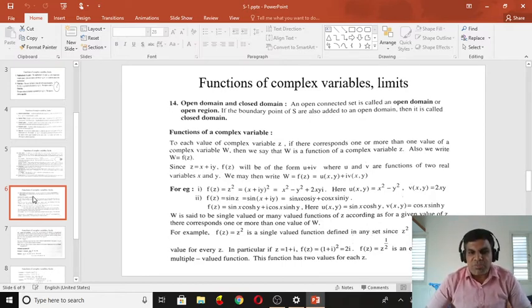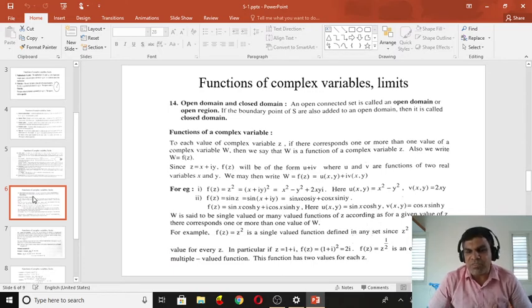For example, f of z equal to z square is a single valued function defined on any set, since z square has only one value for every value of z. In particular, z equal to 1 plus i, f of z equal to (1 plus i) square. Using the a plus b whole square formula, 1 plus i square plus 2i. i square is minus 1, the 1s cancel, we get 2i.